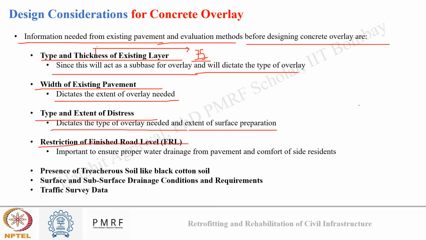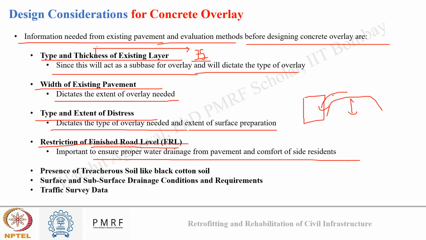As we talked about earlier, sometimes when we increase the thickness of the pavement due to overlay, there can be some problems for the neighborhoods residing near the pavement area. So that they don't feel any inconvenience, there are often some restrictions on the finished road level that should be taken into consideration so that we can ensure proper water drainage from the pavement and comfort to the site residents.